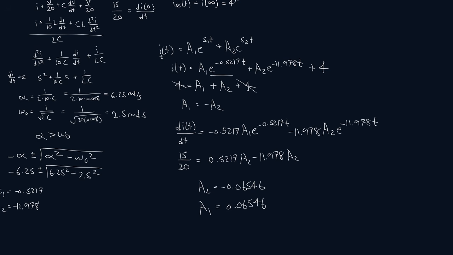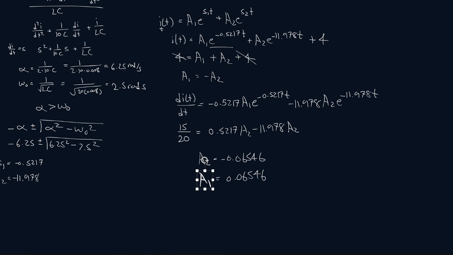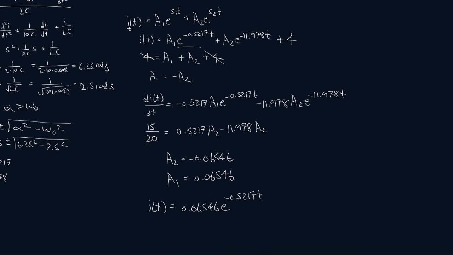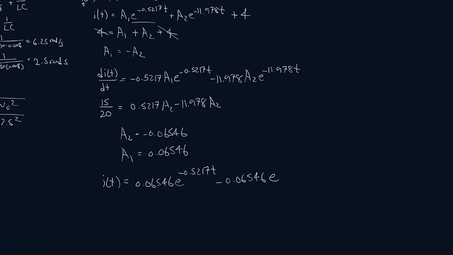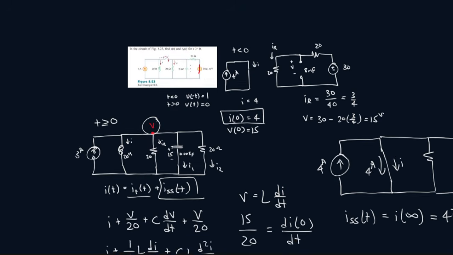There we go. And so your formula for I of t will be 0.06546 e to the power of minus 0.5217t minus 0.06546 times e to the power of minus 11.978t. This is in amps, and this is the current passing through this inductor.